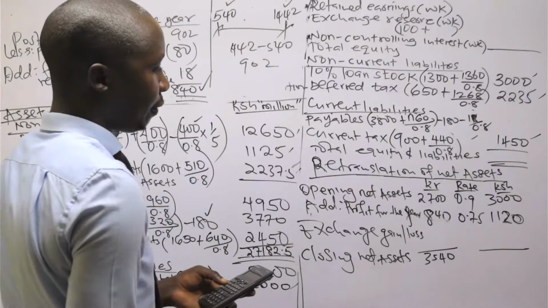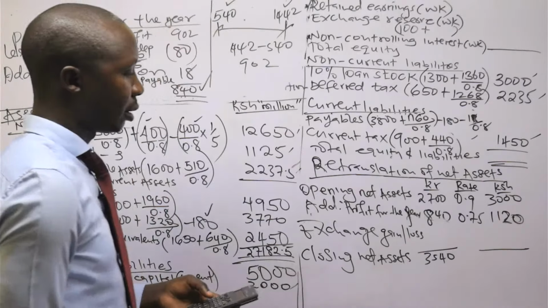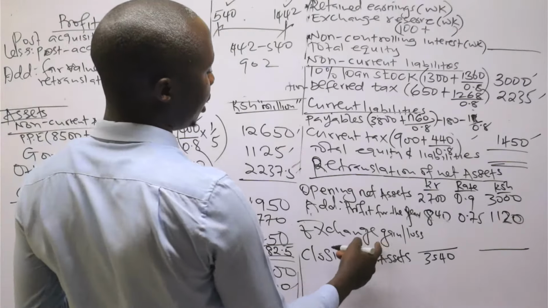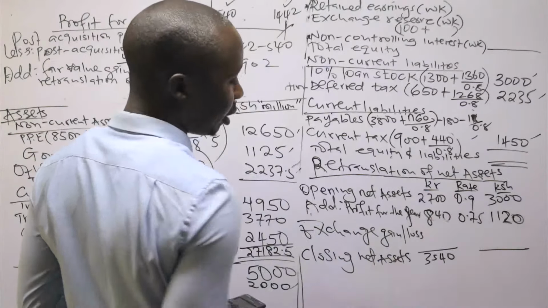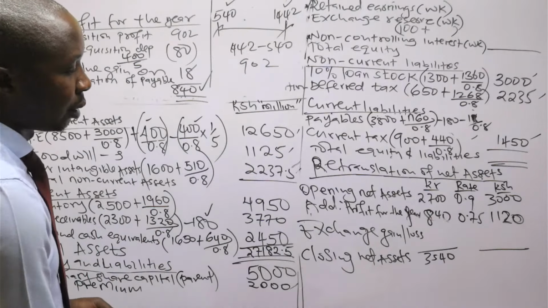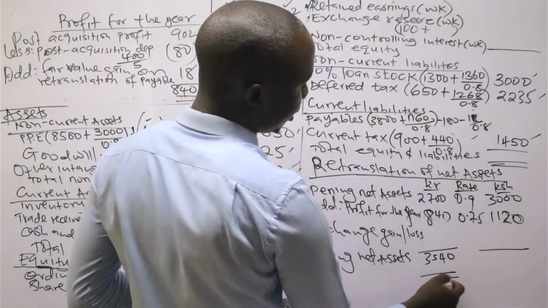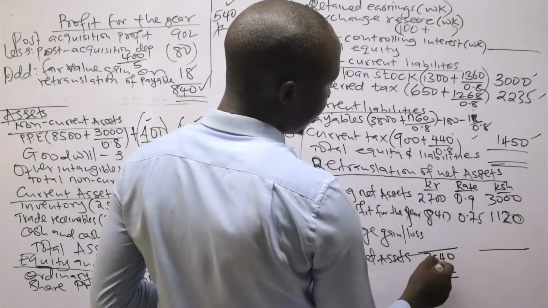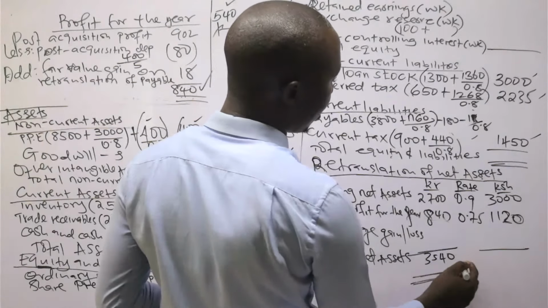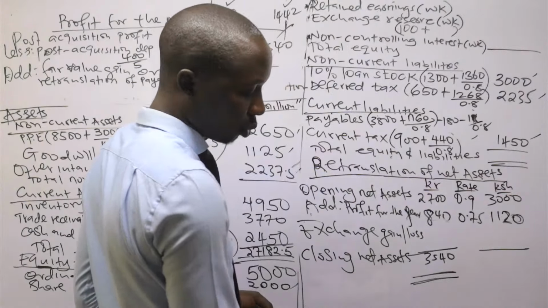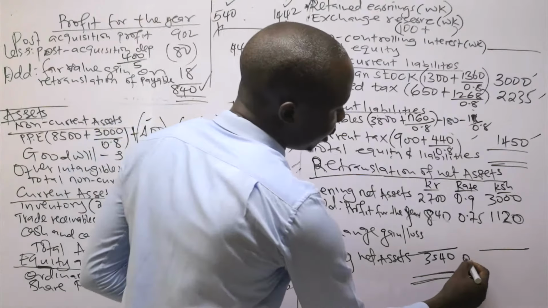But now, for me to determine the exchange gain or loss on the retranslation of net assets, remember that the closing net assets of 3540 must be translated at the closing rate. And the closing rate as at October is 0.8.